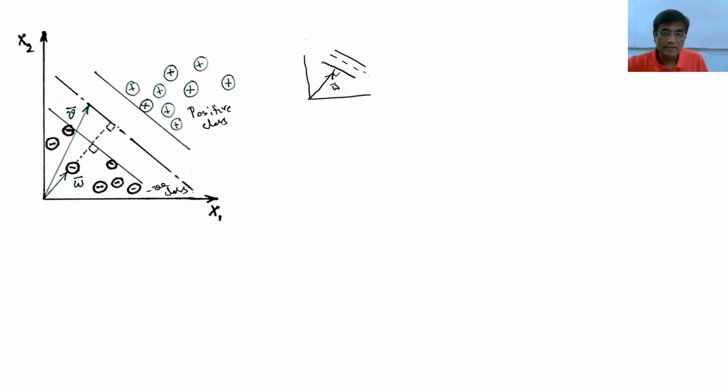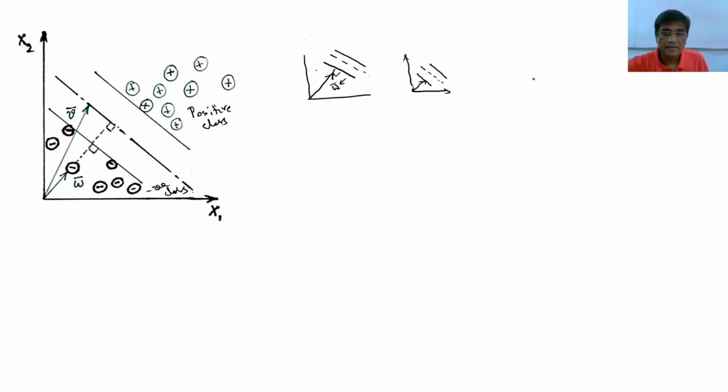Think about an umbrella stick. At the end of the umbrella stick, some structure like this is held. If I decrease this length W, then the entire structure will come down like this.